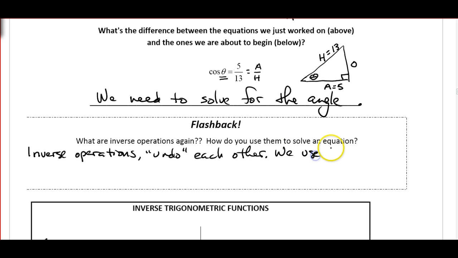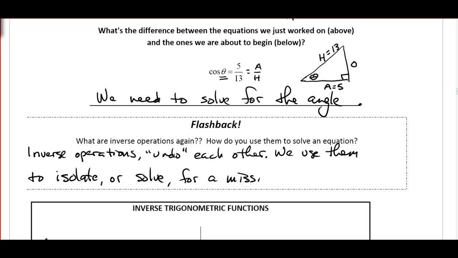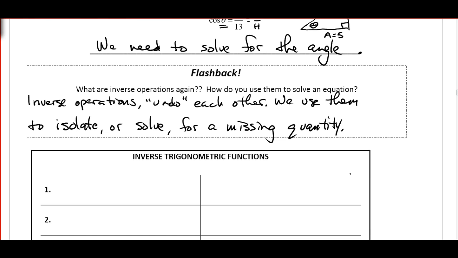We use them to isolate or solve for a missing quantity. So solving for x, finding the side of a triangle, which we just looked at in the previous video.